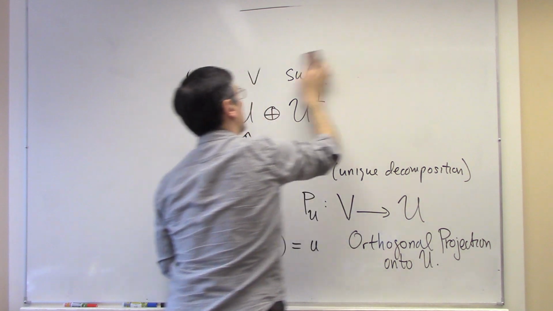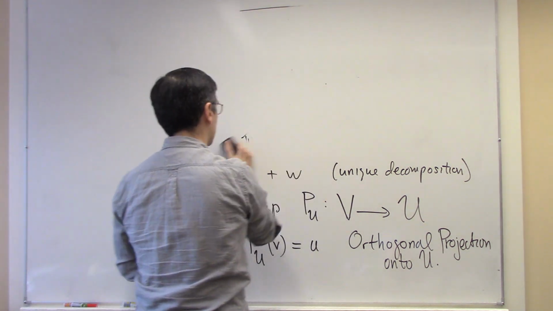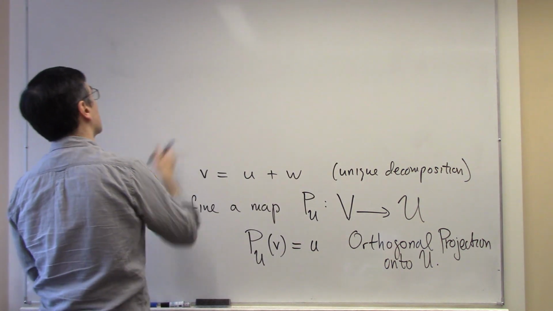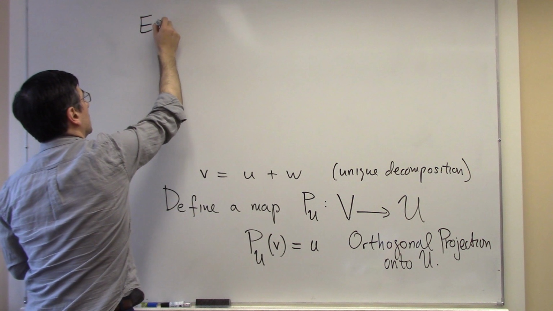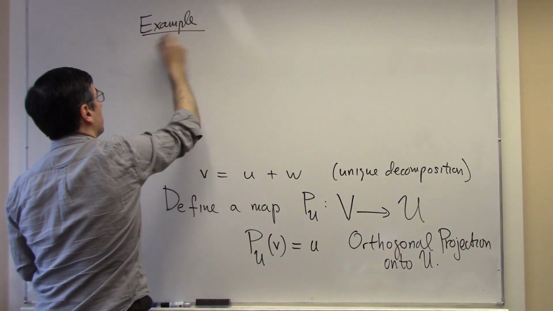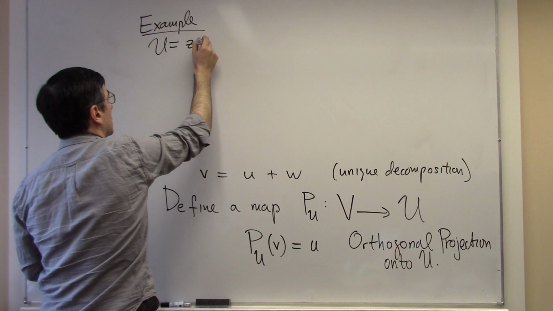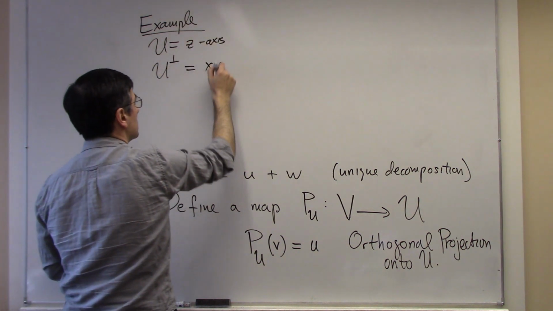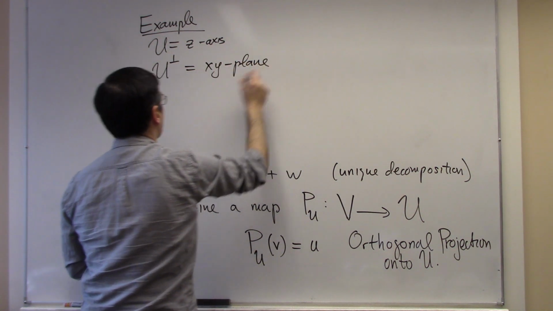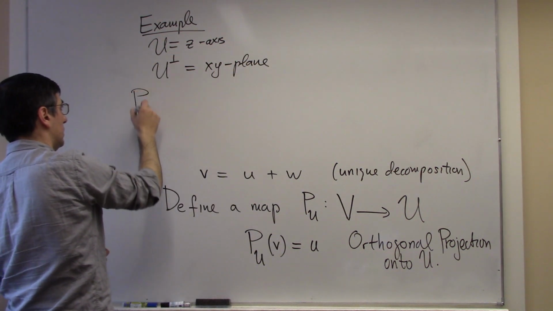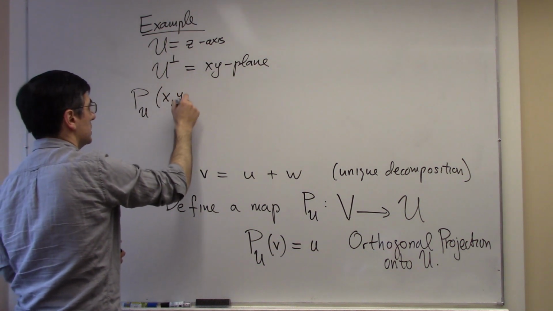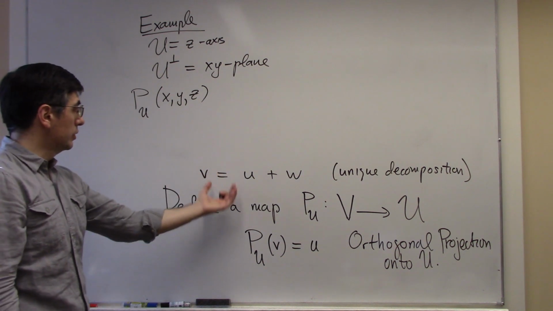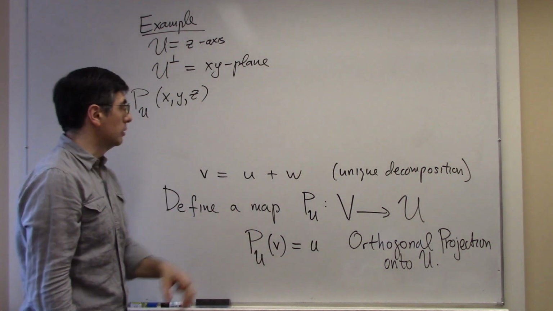But before going into the formal properties of this map, let me go back to the simple example that I was considering. U is the z-axis and the complement is the xy plane. Then if you take x, y, z, what do you get out of this particular definition?